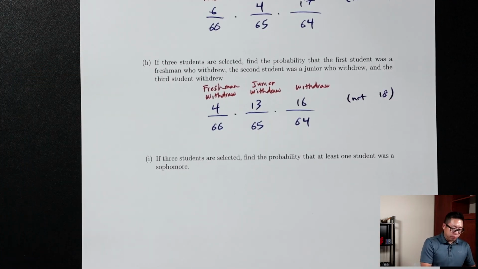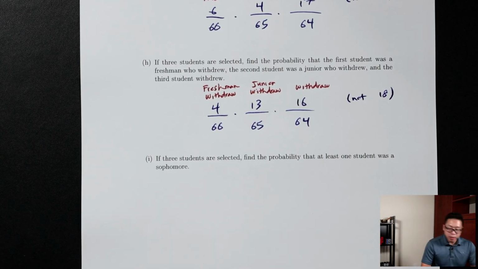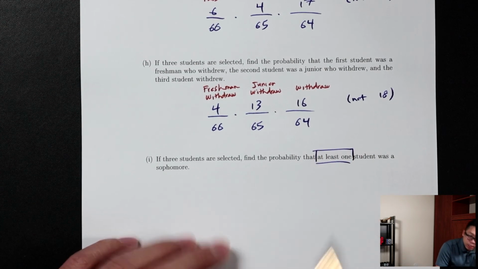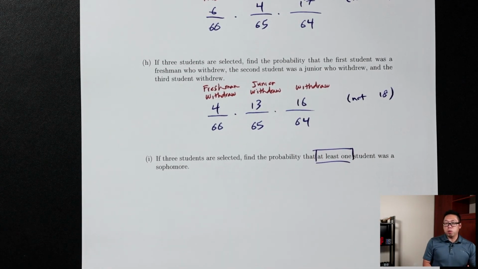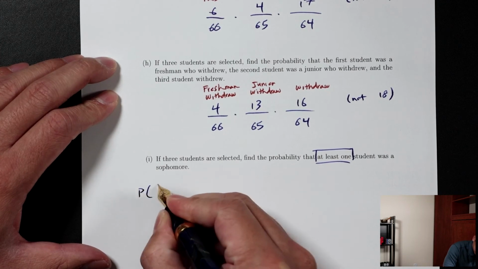Part I. If 3 students are selected, find a probability that at least 1 student was a sophomore. Keyword is the word at least 1. Anytime I have at least 1, I know my final answer will be 1 minus some fractions. So we're looking for at least 1 sophomore.